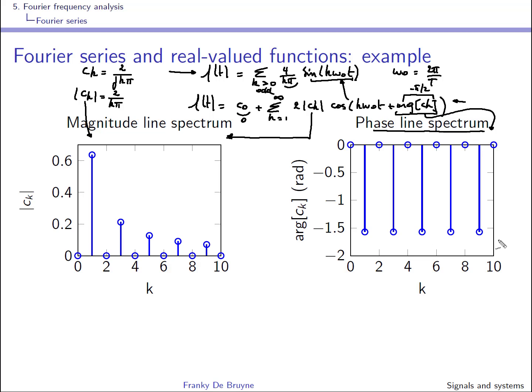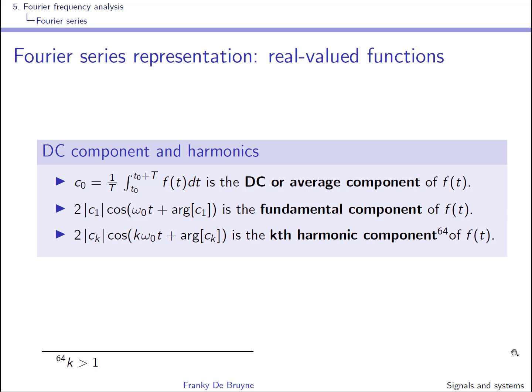In this case we have a phase shift of minus pi over 2, so we know that it's a sine, at least if k is odd, otherwise there is no contribution. And you can read the magnitude in the magnitude line spectrum. You take the corresponding k and multiply by 2 to have the correct amplitude.